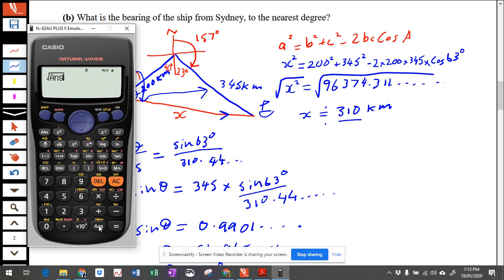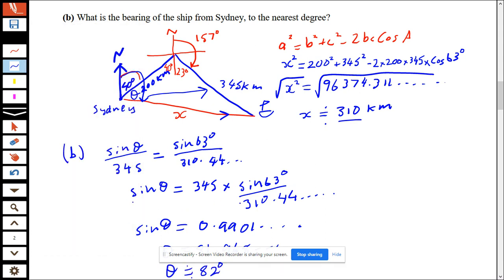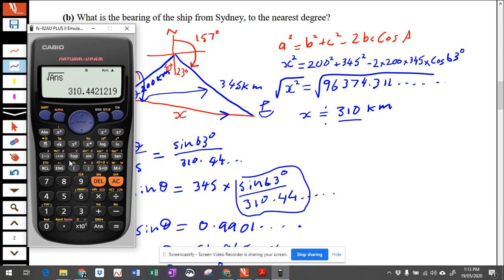Square root, press the answer key, equals. I'm going to keep that in there. Now I'm going to go sine 63 divided by answer. Answer is the last calculation I did, which is 310.44, etc. Then I'm going to multiply that by 345. That gives me 0.9901, and shift inverse sine answer equals. Then our nearest degree will be 82 degrees.